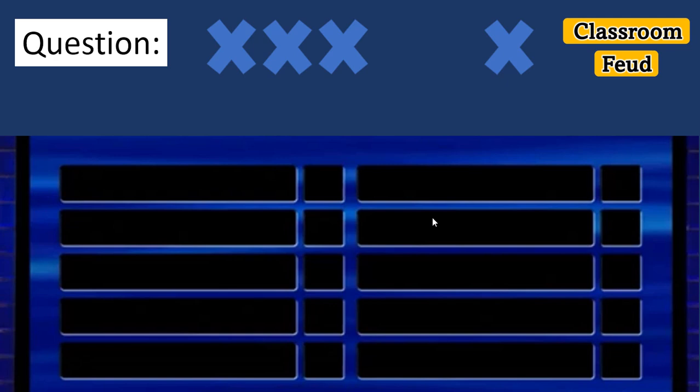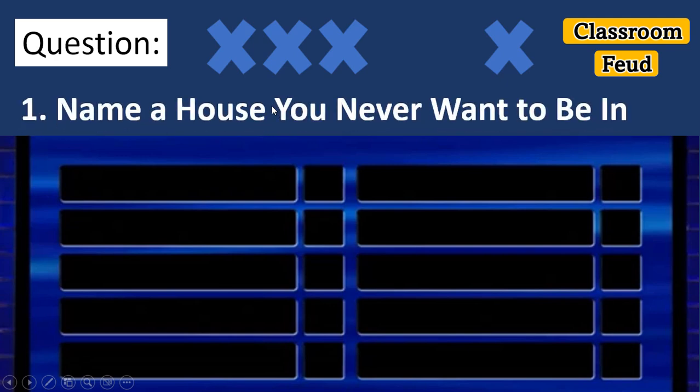So here is the sample of the slide where the students will give their possible answers for a specific question or statement. Now, to reveal the statement, just click the slide and the statement or the question will be revealed. So for this one, name a house you never want to be in.